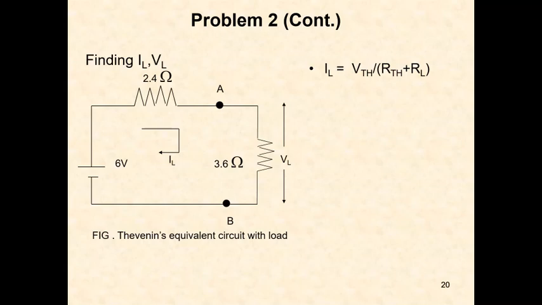RTH is 2.4 ohms and RL is 3.6 ohms. Then IL is equal to 6 by 2.4 plus 3.6, which is 6 by 6, so IL is equal to 1 amp. The voltage across the load resistor is IL into RL, that is 1 into 3.6, that is 3.6 volts.